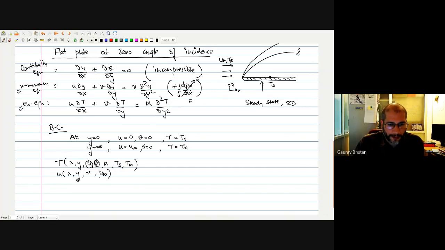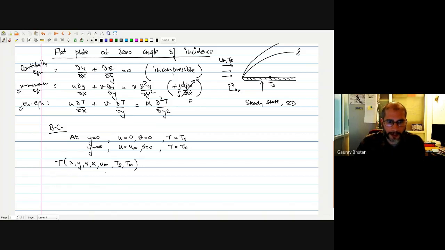Okay, so if I include the effect of nu, rather than stating u and v here, I can say that my temperature is a function of these parameters, which is x and y.